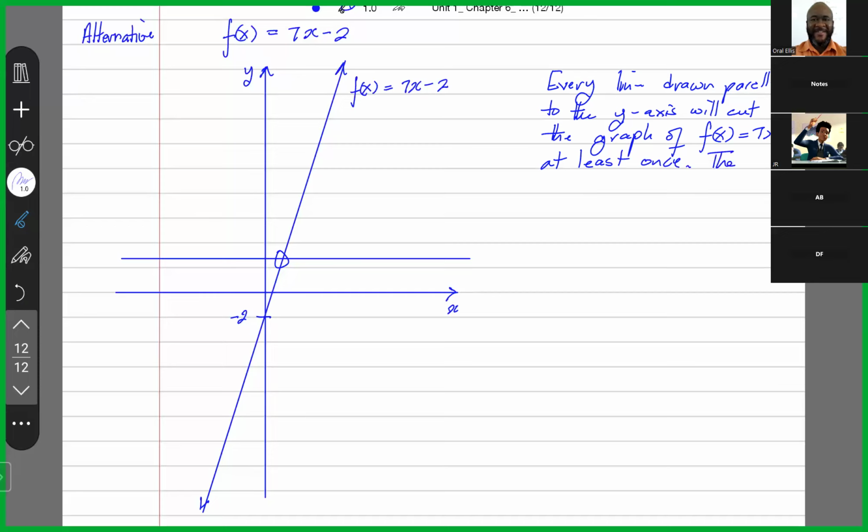Therefore, f of x is equal to 7x minus 2 is onto.